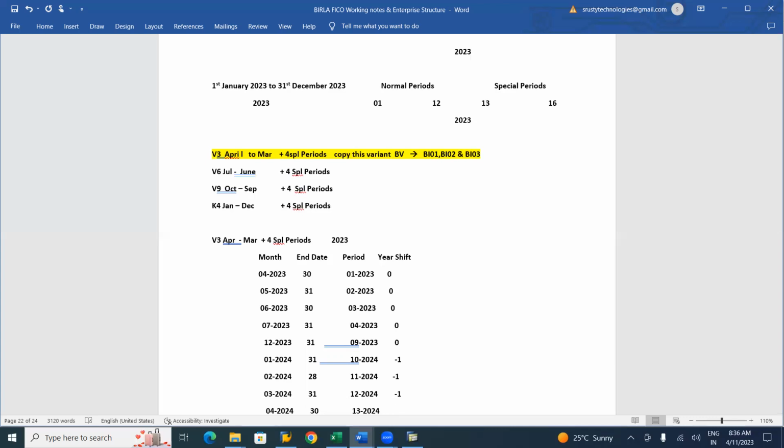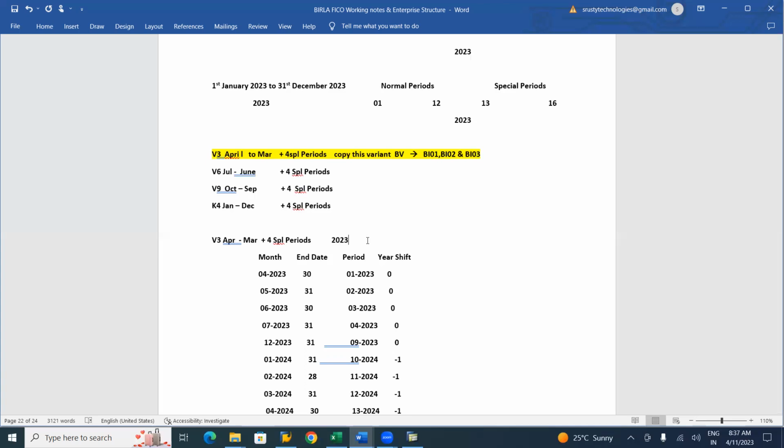So what is the year shift? -1. If it took 0, then it would go to the 2024 fiscal year, not the 2023 fiscal year. Because here it is -1, that is the reason it is taking 2023. Clear, everyone? Any questions here?